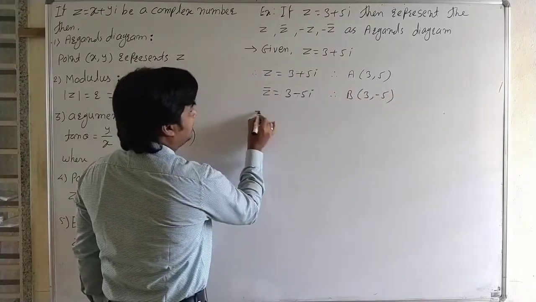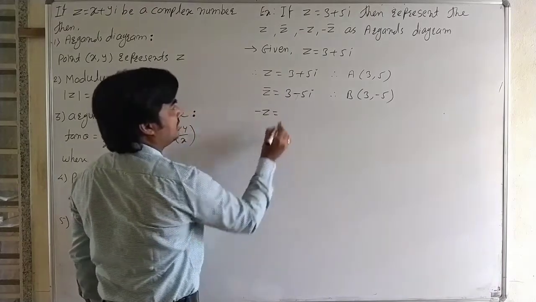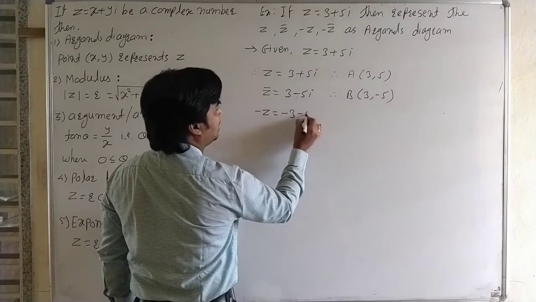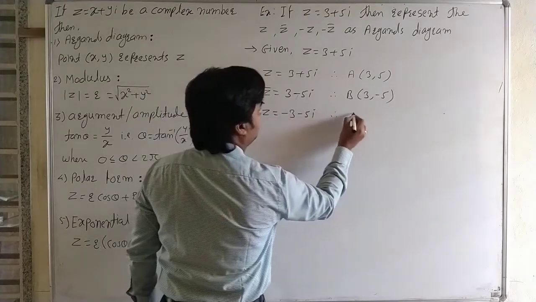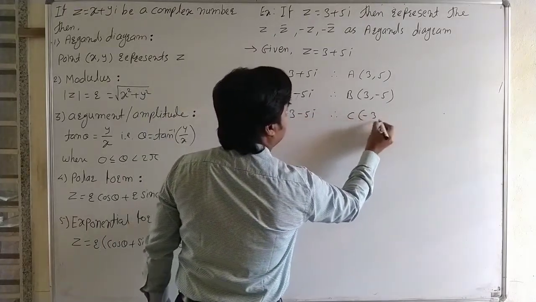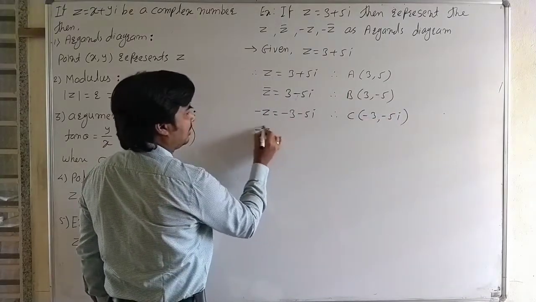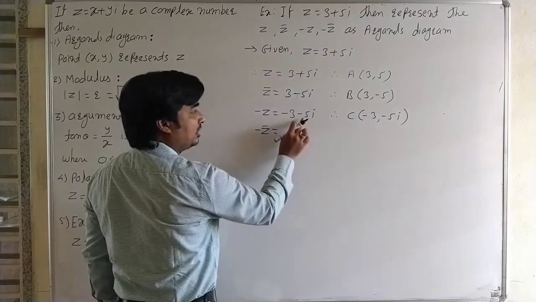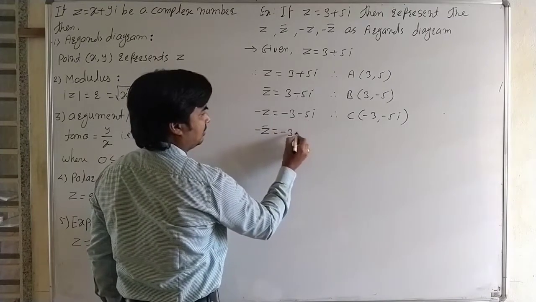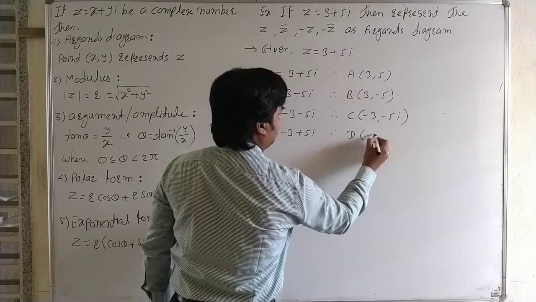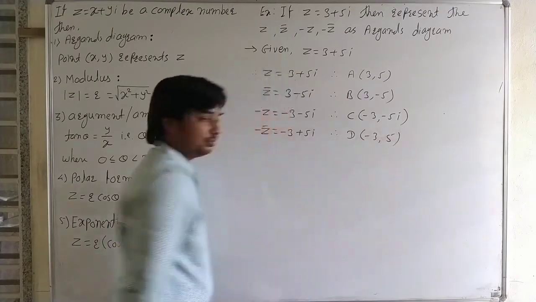Then minus z is multiplying throughout by minus, therefore it is minus 3 minus 5i, so the third point C is minus 3 comma minus 5. And lastly minus z bar changes only the sign of the real part, so point D is minus 3 comma 5.